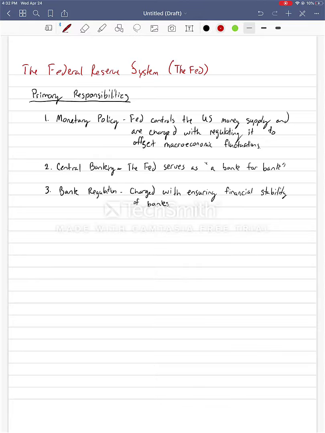Now this includes setting the reserve requirements, the determination of the reserve requirements.